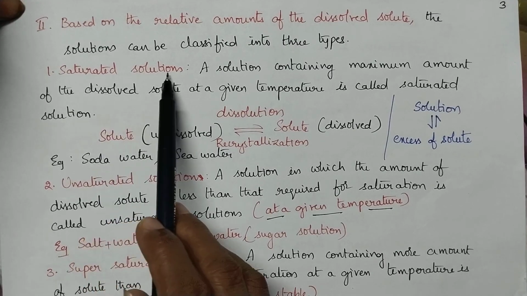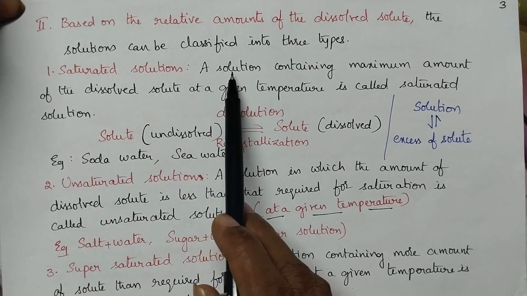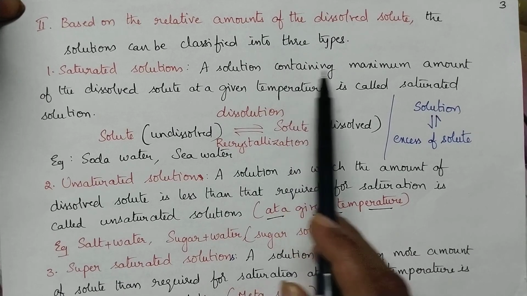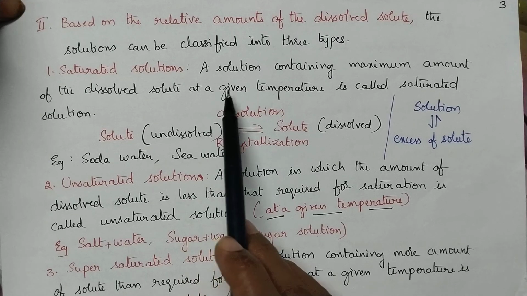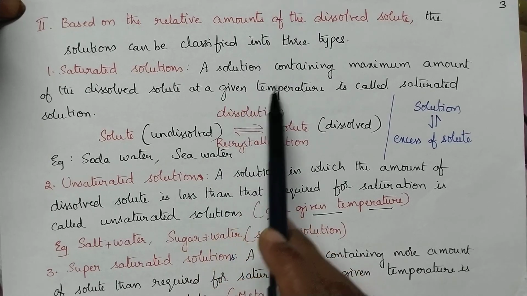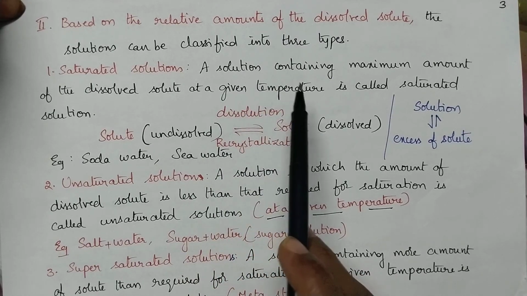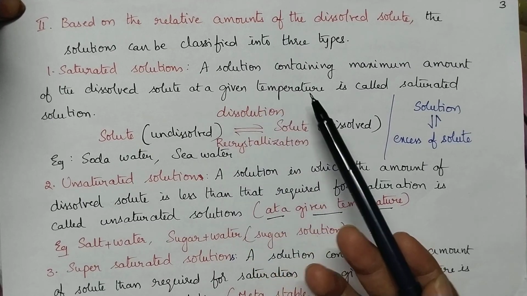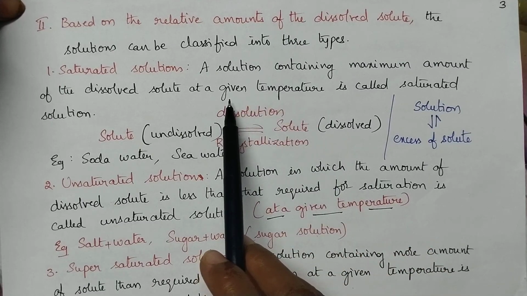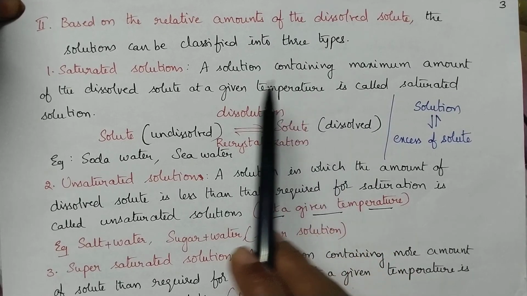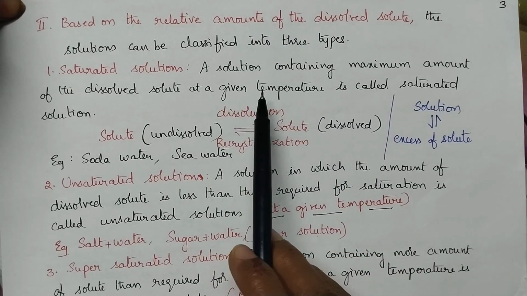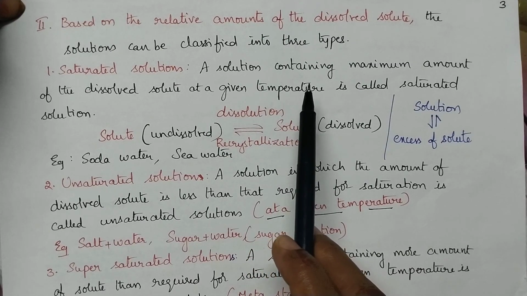Coming to the saturated solutions, they generally contain the maximum amount of dissolved solute at a given temperature. From this definition, it is very clear that the amount of solute in a solution depends upon the temperature. As the temperature increases, the amount of solute present in a solution also increases.